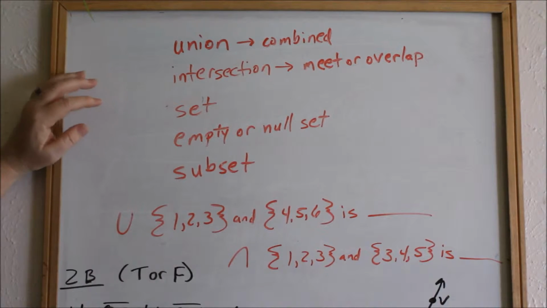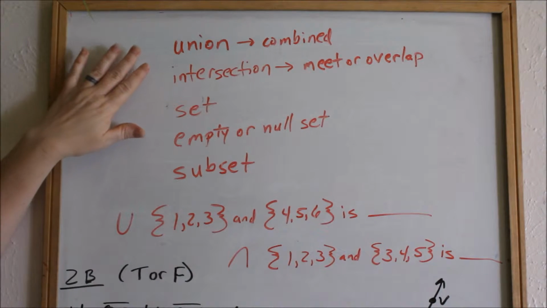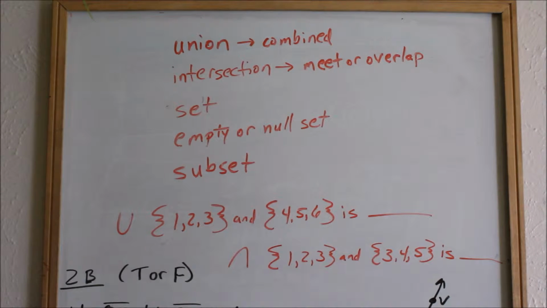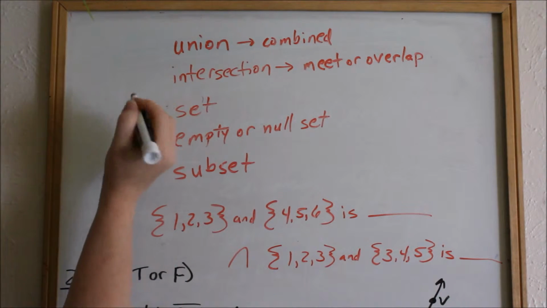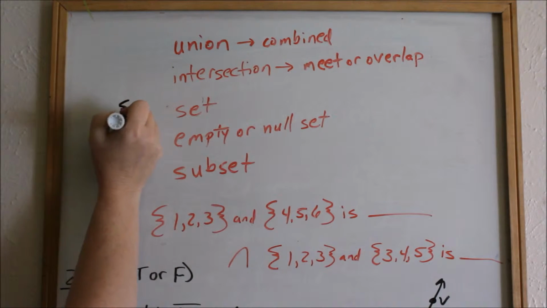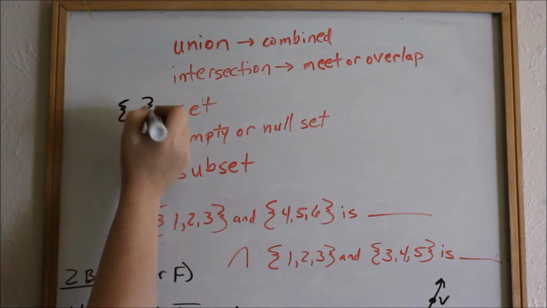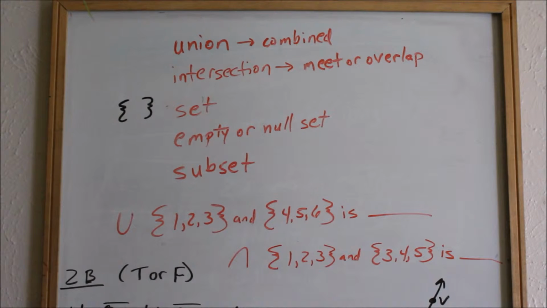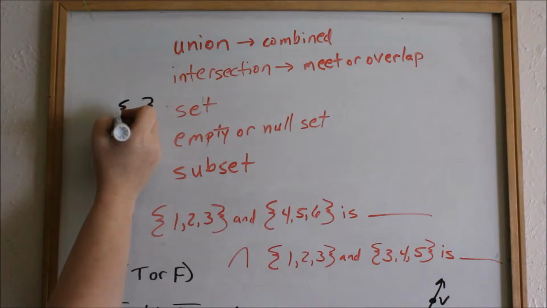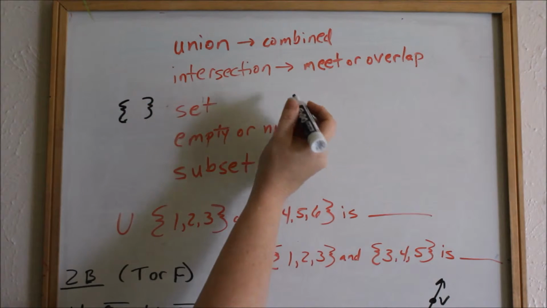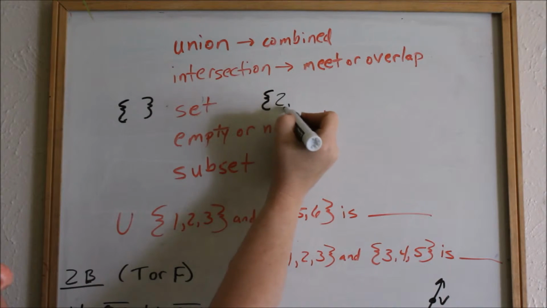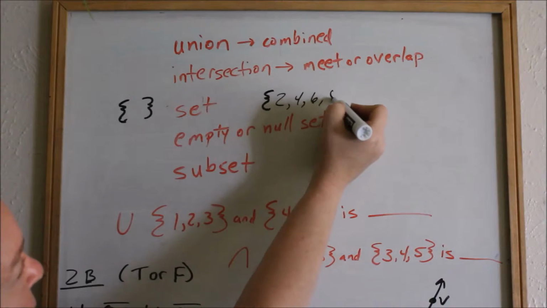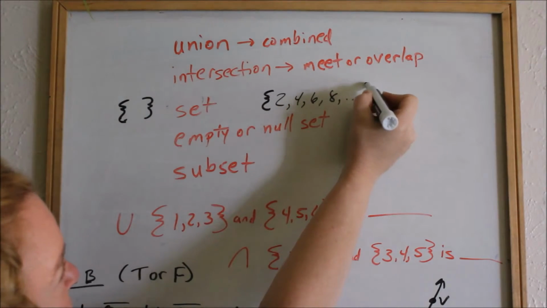Okay, the focus of lesson 2 is I really want to focus on these definitions right here. So the first one I'm going to start with is set. The symbol for set kind of looks like brackets, but it's not. It's this symbol here, set. So let's say I want to say the set of even numbers. I do that, the set of even numbers, 2, 4, 6, 8, and I could go on.